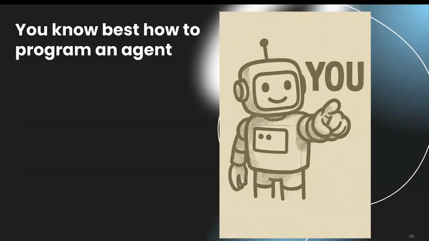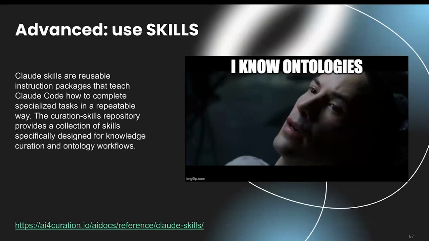But ultimately, you as the maintainer of your ontology know best how to, in quotes, program your agent. By program, I just mean provide it with standard text instructions on how to do various tasks. So you can go beyond just these simple agents.md or Claude MD files as well.